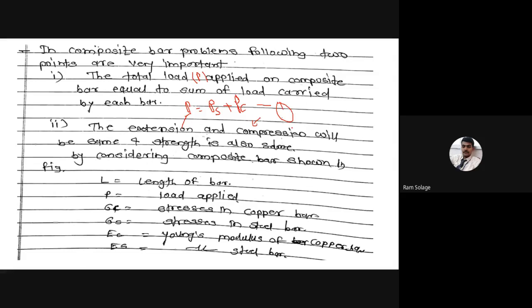Will be same, and strength is also same. So this is condition number 2. Total deformation of body number 1 is equal to total deformation of body number 2, or instead of delta L1 or L2, we can write delta LS, means total deformation of steel rod is equal to total deformation of copper rod. Is it correct or wrong?